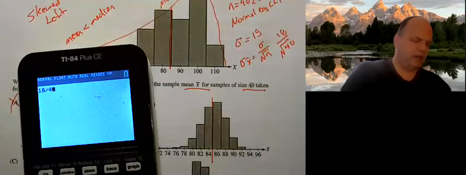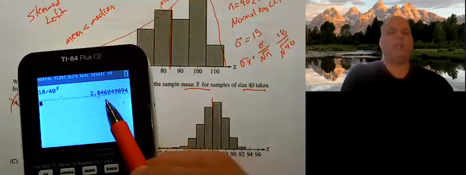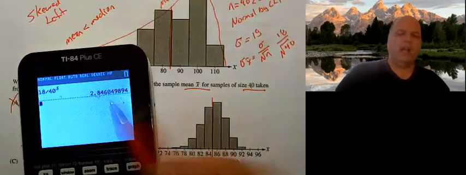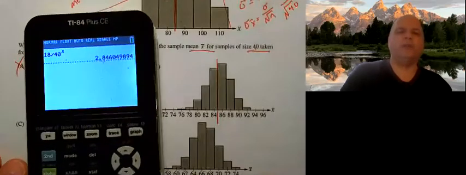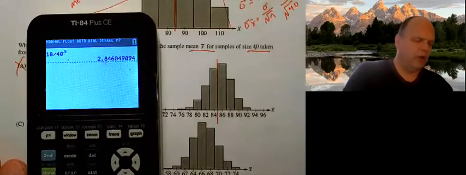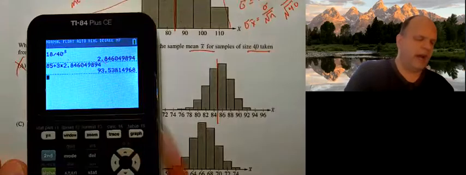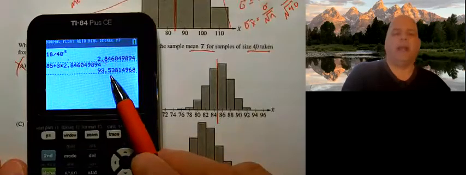So that means 2.84. And remember, if it's normal, we should have about 3 standard deviations above and 3 standard deviations below. So 85 plus 3 times that says my highest value should be around 93.5.